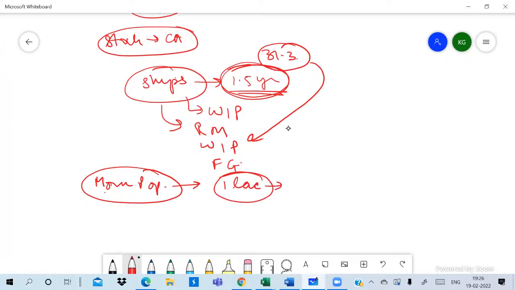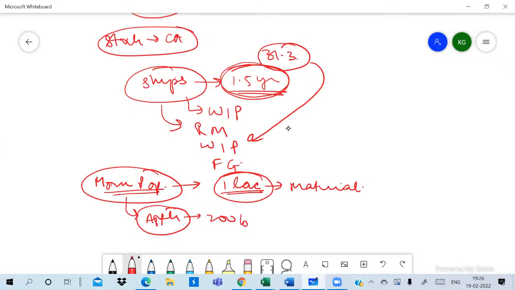Now this, for this mom and pop store, could be a material item, and it has to be disclosed in the financial statements separately. But let's say if that same expense of 1 lakh is being done by a company, let's say like Apple, which is sitting on, let's say, $200 billion of cash and cash equivalents.